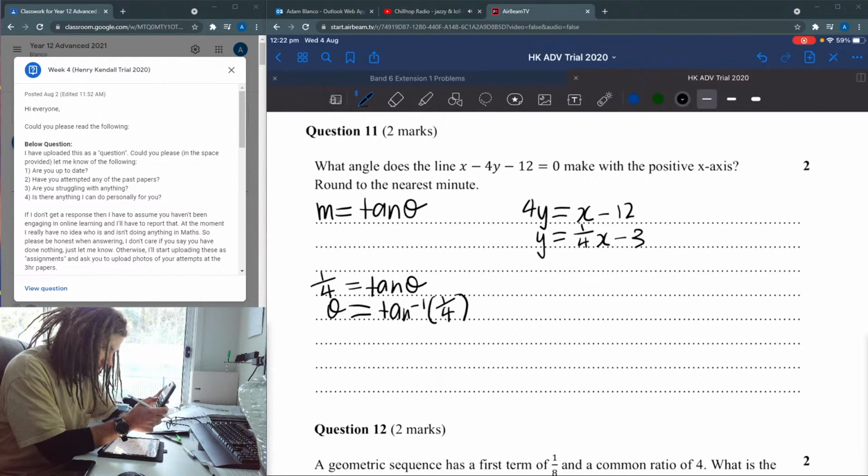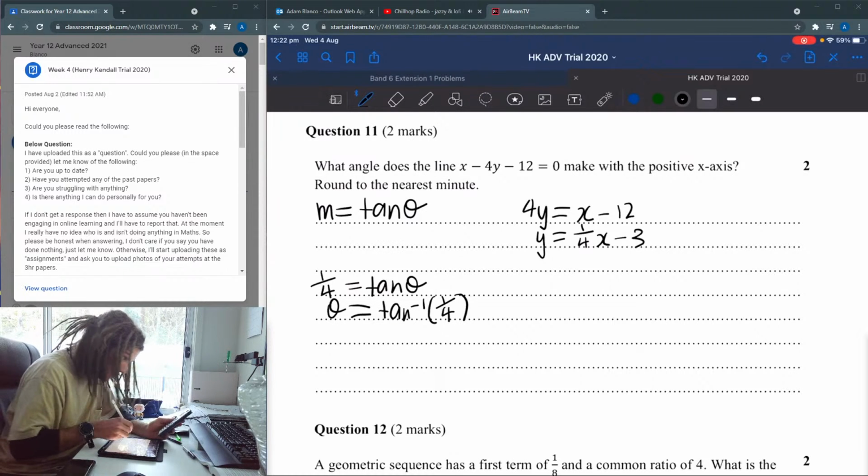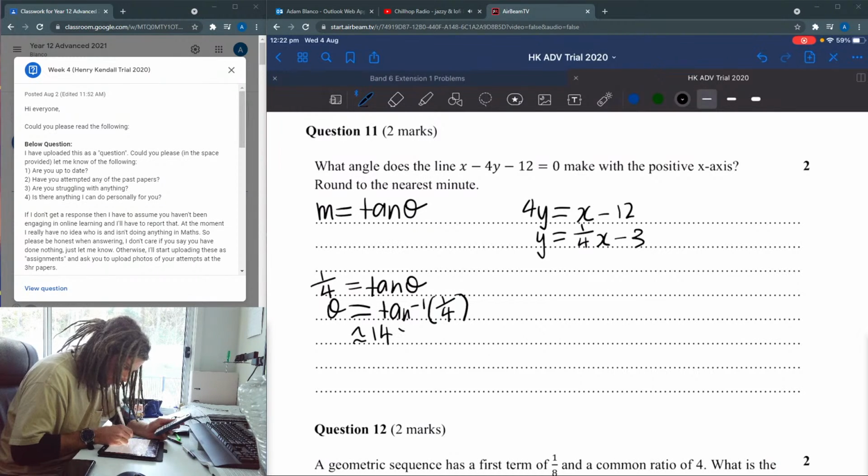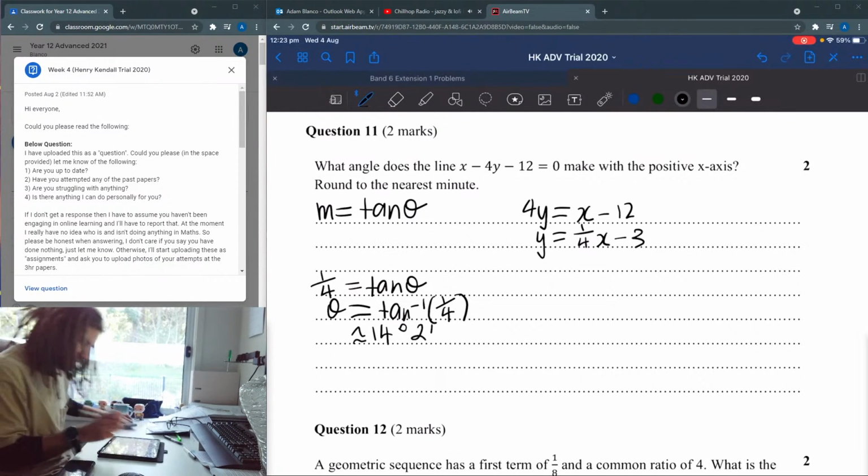Tan inverse a quarter is 14, and I'm in degrees, happy. To the nearest minute, 14 degrees, 2 minutes.